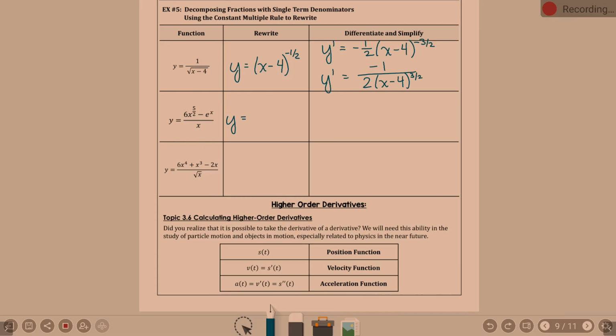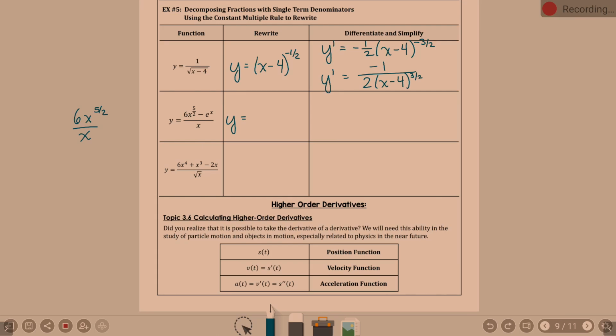I don't like this problem in general, but think about that. We have a single denominator x here. Take each term and divide it by x. So, first one, what is 6x to the 5/2 divided by x? 6 to the 5/2. No, 6 to the 3/2.